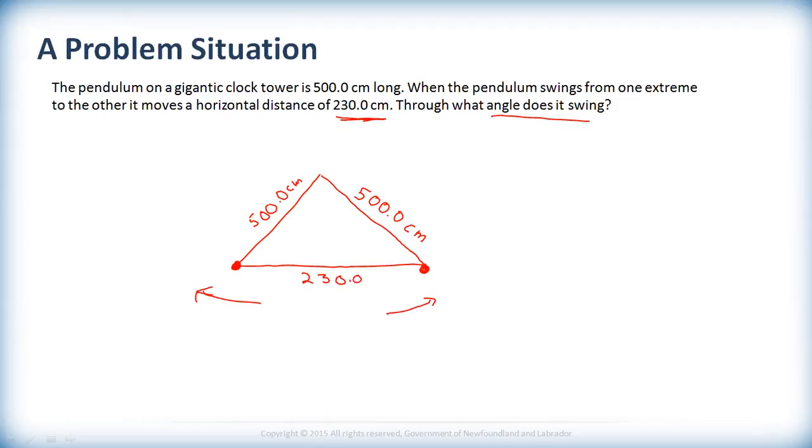So it looks like we know three sides of this. Aha, I bet they're going to ask us for an angle, and they did. They said, through what angle does it swing? As the pendulum swings from one extreme to the other, we go along a path like that, and this would be the angle that we're swinging through right here. I'm going to call it angle theta.